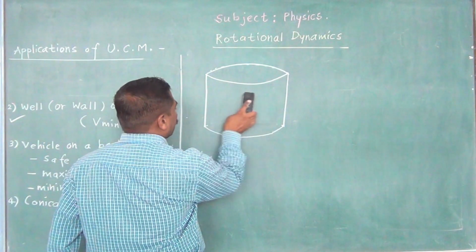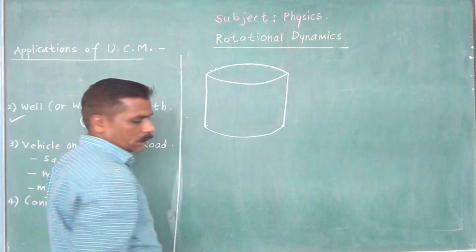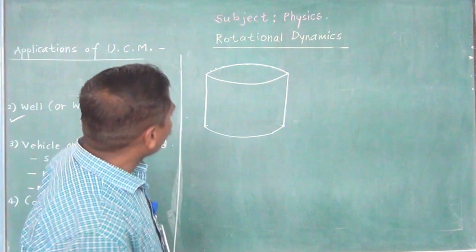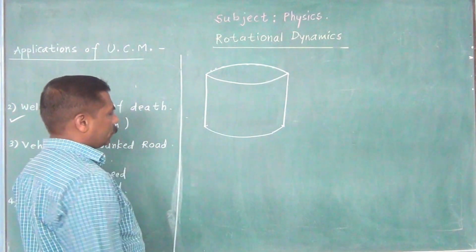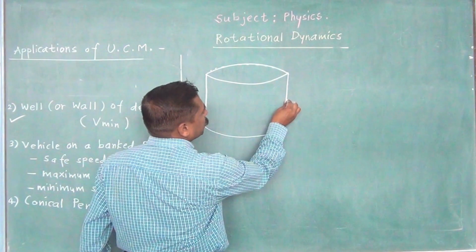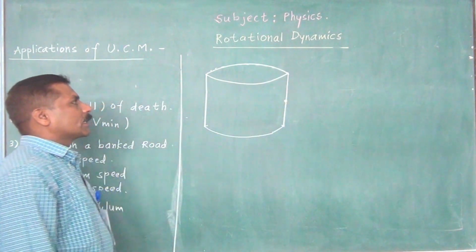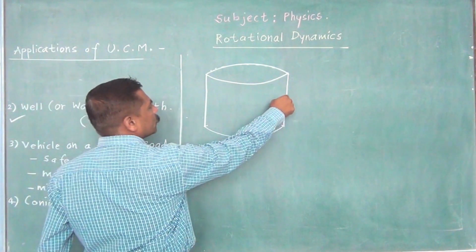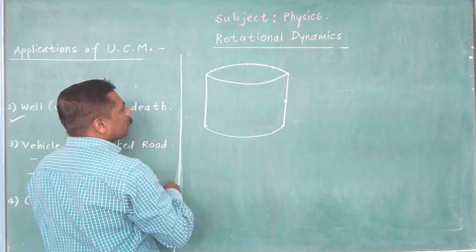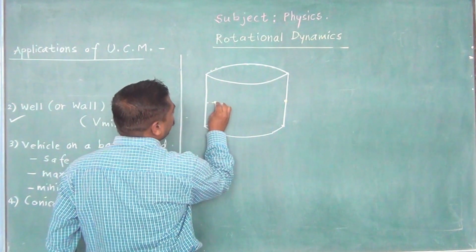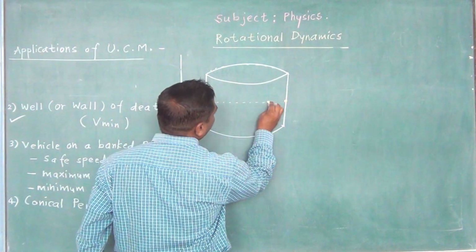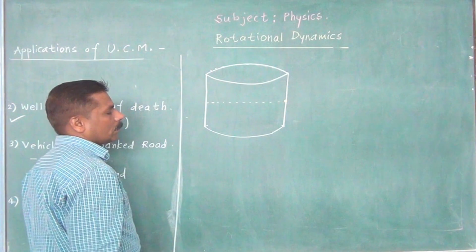Now when we consider this, we want to find out the minimum speed. Suppose this is the vehicle and this vehicle is moving in such a way that it can complete the horizontal circle.